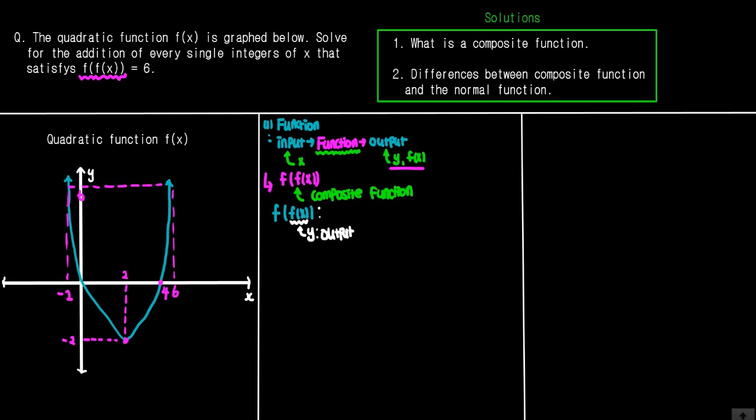So our question is basically trying to find the x integers. If you think about the definition of integers, they contain negative and positive natural numbers.